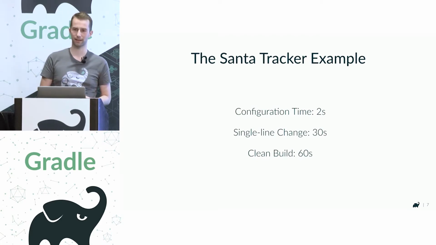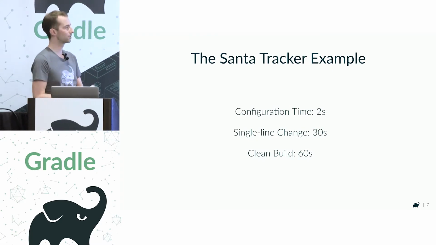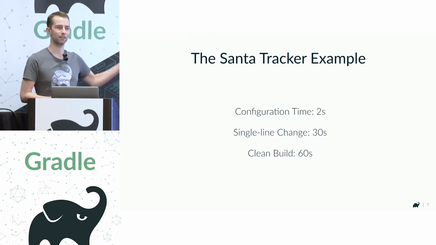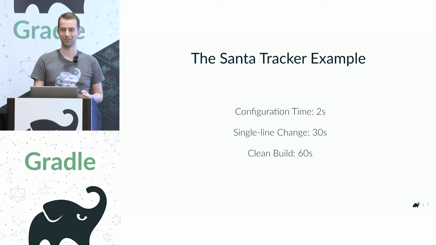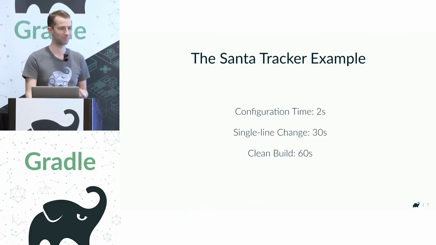It took 30 seconds until the application was repackaged. And a clean build about 60 seconds. So you know there's something wrong when a single line change is only about half as fast as the clean build. You want that to be way, way faster. So this project has problems, big ones.